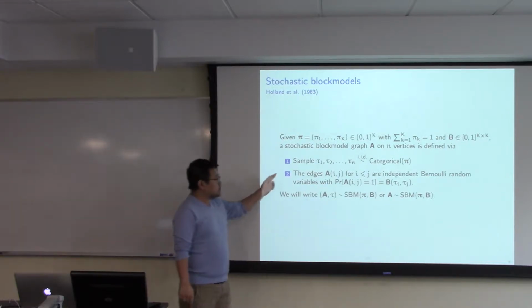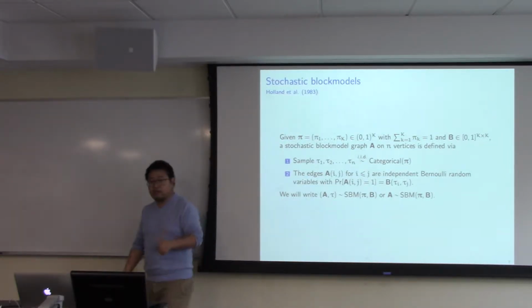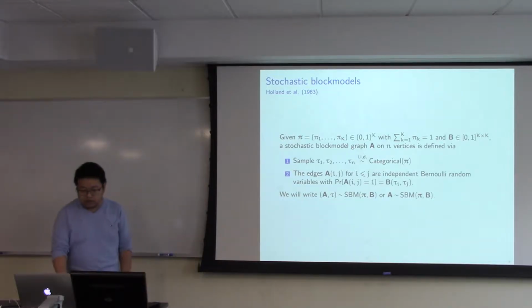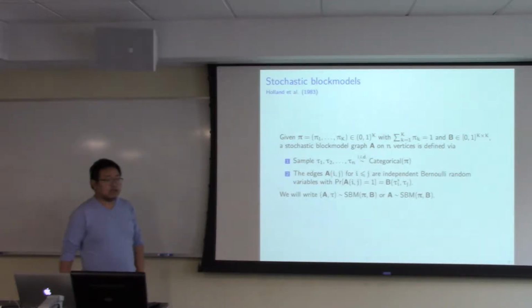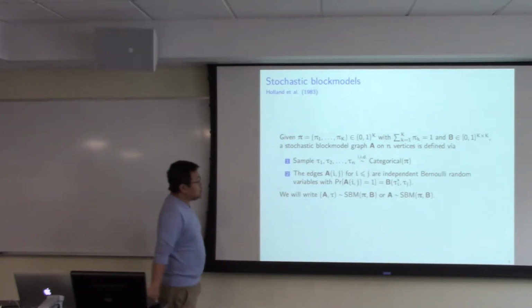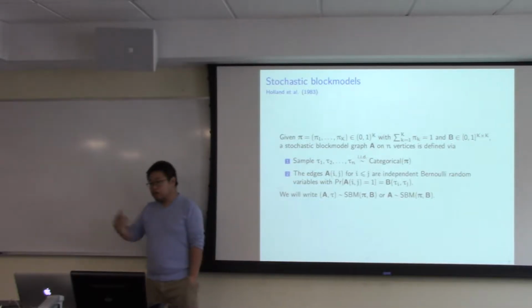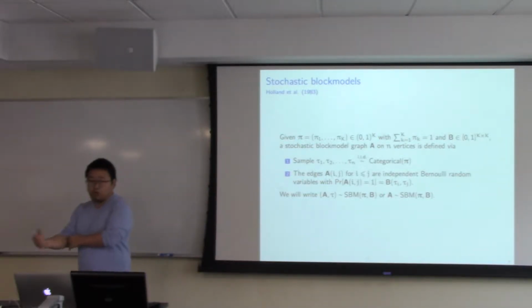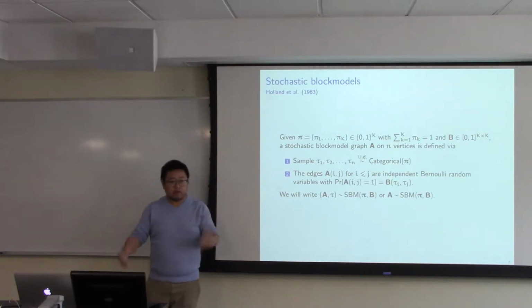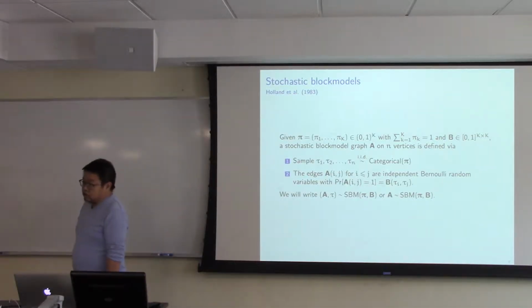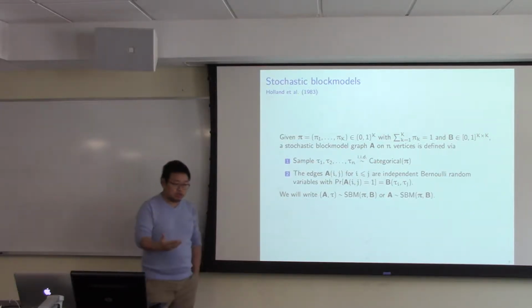Then to form the edges, I just flip coins independently at random, where the probability of having an edge between vertex i and vertex j is just a function of the community membership of vertex i and vertex j. So in a sense, there are K blocks, K communities, and each vertex gets mapped to one of K different communities, but the edge connection is defined by the community structure. This is the simplest model that, like I said, has underlying community structure.